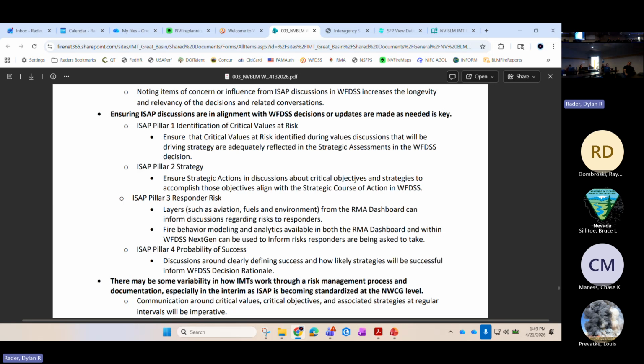Once they develop that strategy, pillar 3 is they evaluate what that strategy does to respond to risk. So if we decide to do strategic action A, what additional risks are we placing our responders under? If we decide to do strategic action B, what additional risk are we placing our responders under?